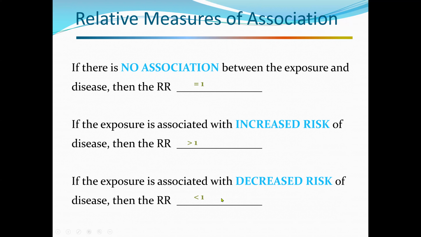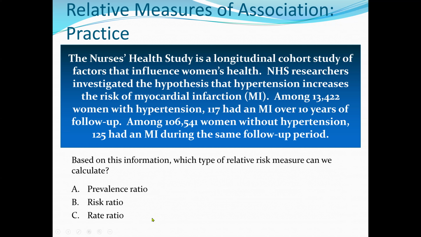We did the absolute. Now let's see if the relative will also give us the same answer. First of all, they tell us what measurement we are going to use based on this information, and of course that will be the risk ratio. Remember, before we used the risk difference. So now we want to do the same calculation. What is the risk ratio?